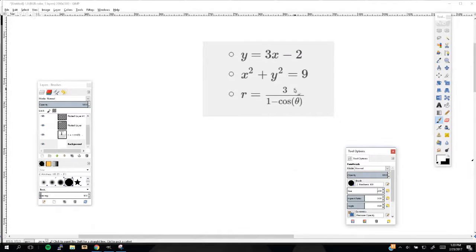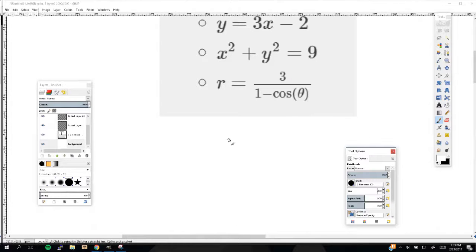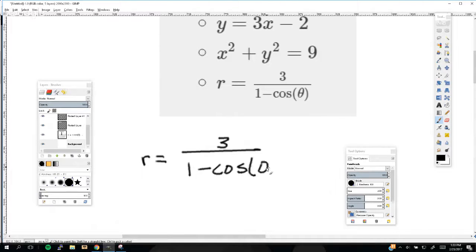Then for the last one, I also had a problem with this one. I think I got closer though. So we have r equals 3 over 1 minus cosine theta. No, maybe I didn't get closer at all.